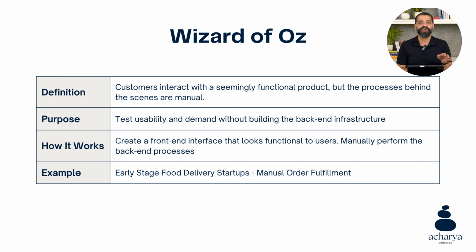You placed an order on the food delivery app, and instead of the order actually going to the restaurant, because you need a lot of integrations for that, the team on the back end would manually place the order from the restaurant, and magic, you get it at your home. You don't know the back end is being done manually. Very simple. That's the only difference between a concierge and the Wizard of Oz.